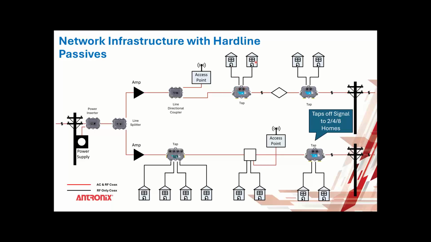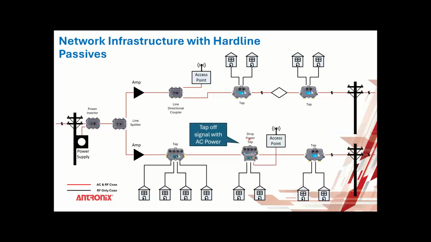So every F port here is connected to a home, and it taps off the signal into the home. We're going to go into much more detail on taps and their performance and how that works. You also have drop power taps, also called F port power taps, where you can have an access point connected to an F port, and that F port is actually powering the access point, as opposed to the hardline cable in this line directional coupler example.